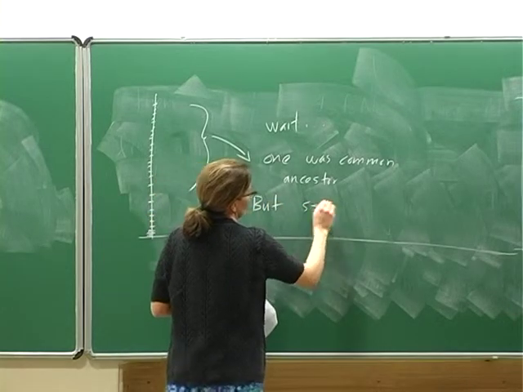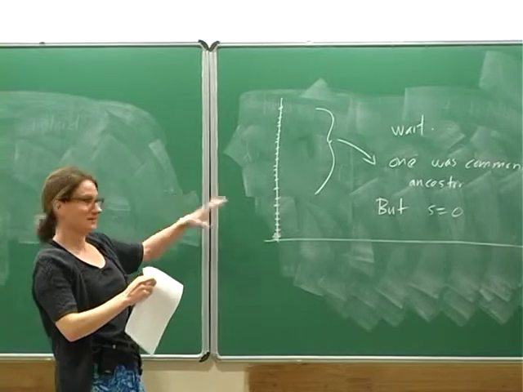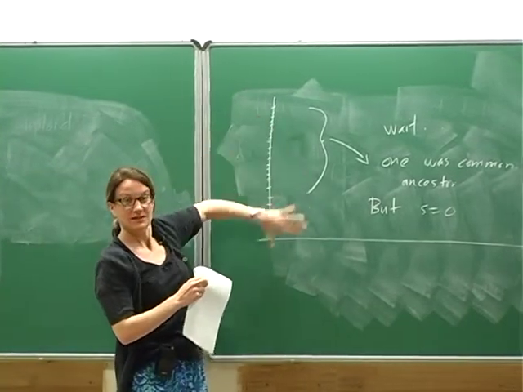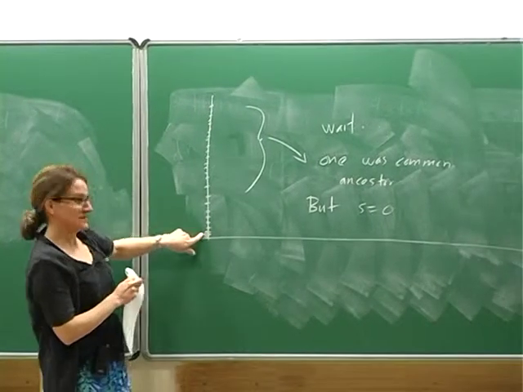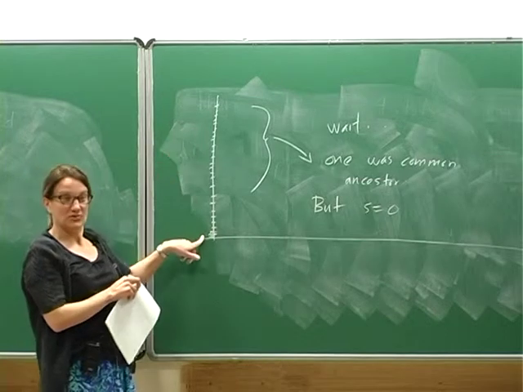But if s equals 0, from the eyes of diffusion or drift, from the eyes of evolution, these guys are all completely equivalent. So what's the chance that this guy is the common ancestor? 1 on 2n.